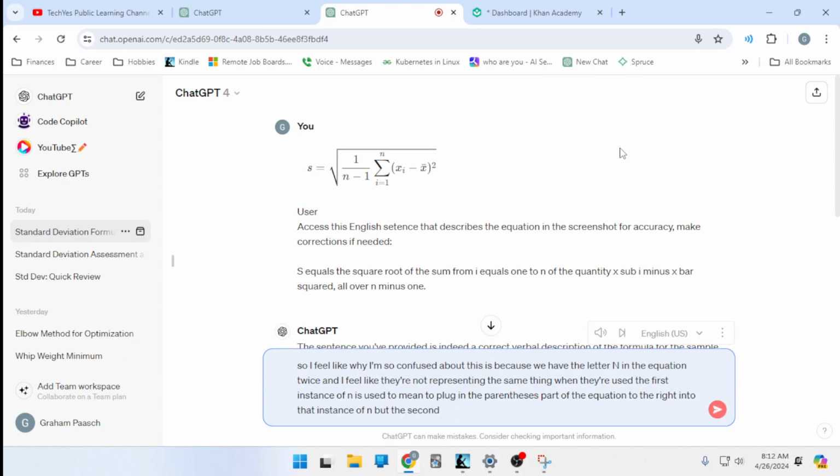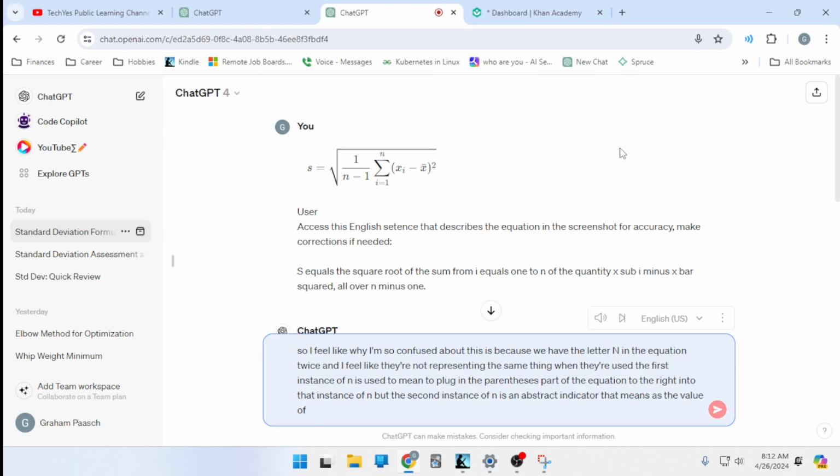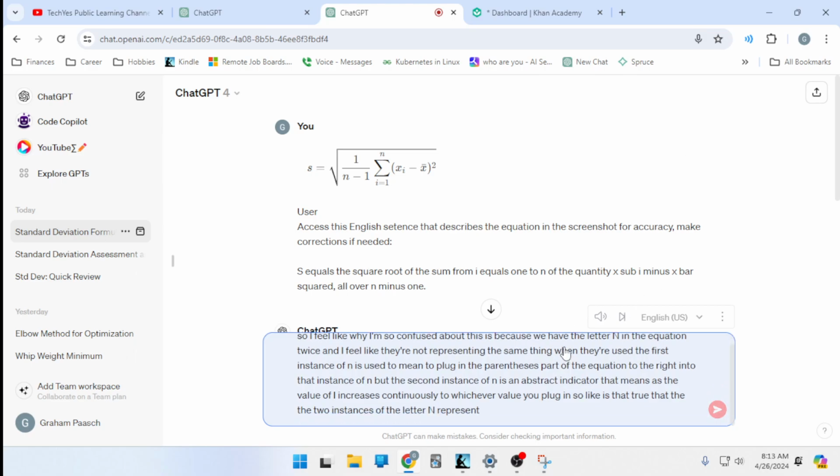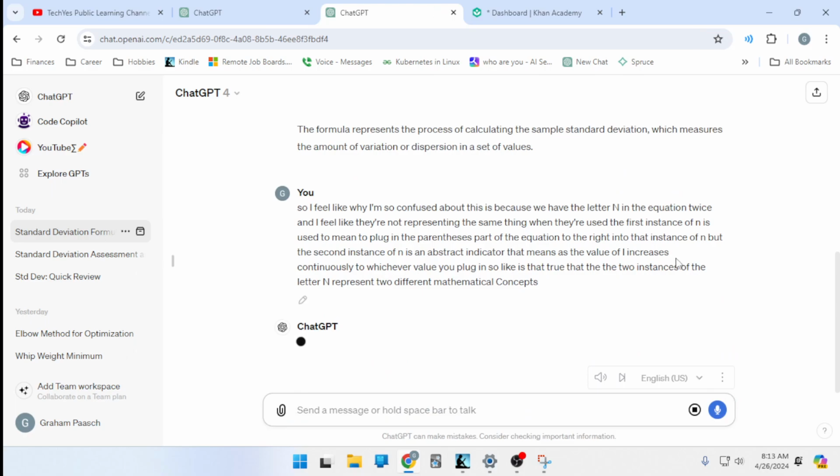But the second instance of n is an abstract indicator that means as the value of i increases continuously to whichever value you plug in. So is that true, that the two instances of the letter n represent two different mathematical concepts? That's why I'm confused if that's the case.